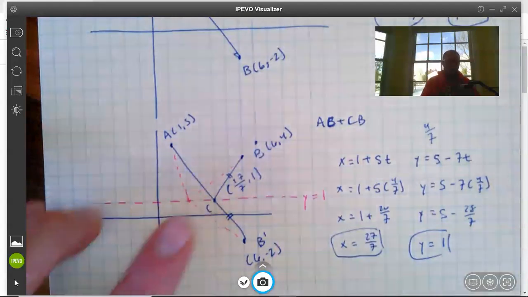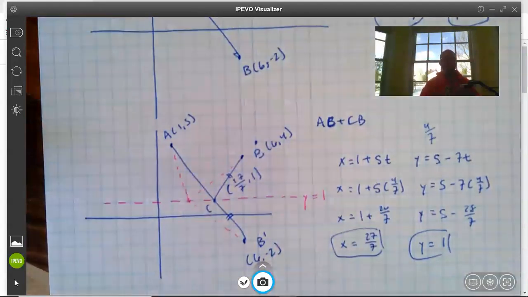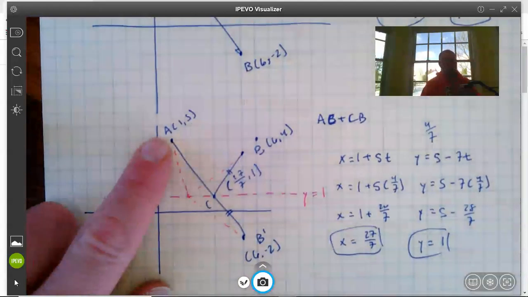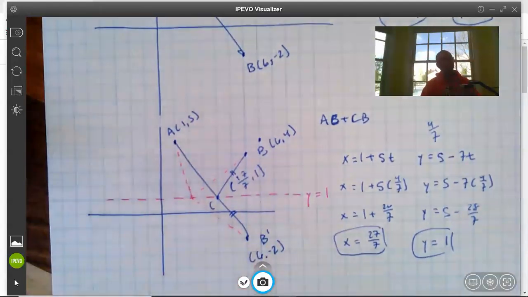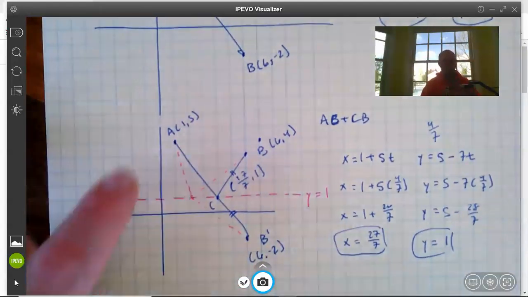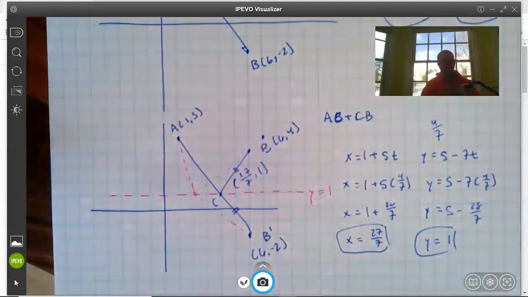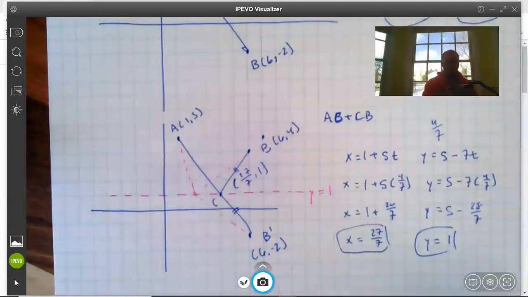So any other pick for C will make the distance from A to C to B prime longer, and therefore also make A to C to B longer. So the trick is just reflect the point across and then find the distance to the reflected point.